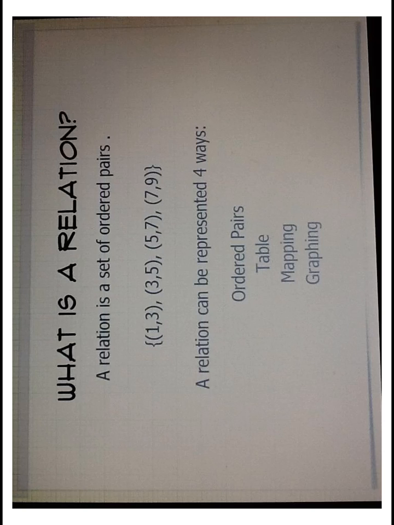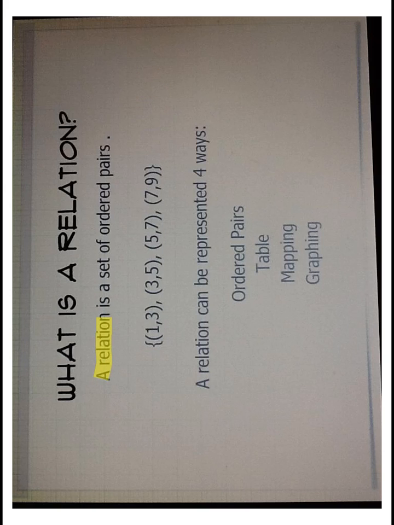What is a relation? Well, right here we can see that a relation is a set of ordered pairs. So any set of ordered pairs shown below as 1 is known as a relation. It can be 2 ordered pairs, or it can be infinity of ordered pairs, but any set of ordered pairs is a relation.